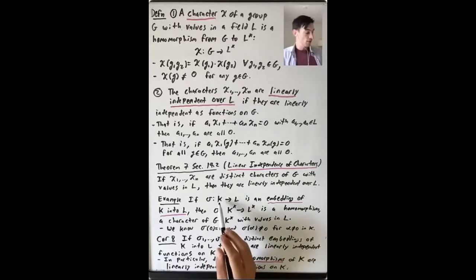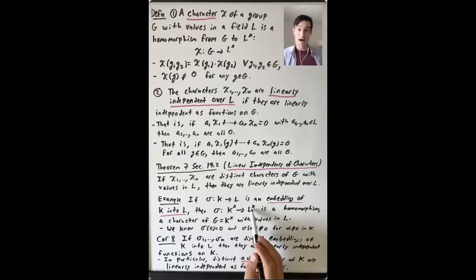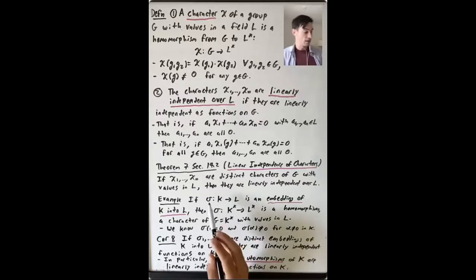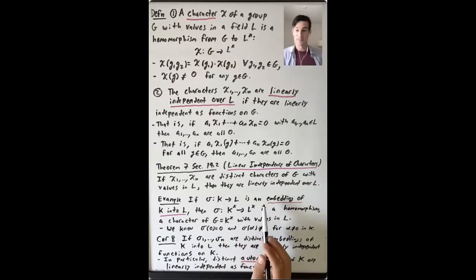So if you have a non-zero element of K, it gets sent to a non-zero element of L. So sigma of 0 equals 0, but sigma of alpha is not equal to 0 for any alpha in K star. So you really do get a character of K star with values in L from this field embedding. So field embeddings give characters.